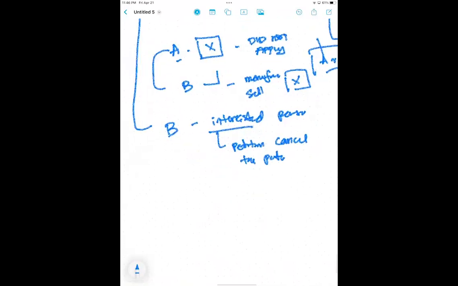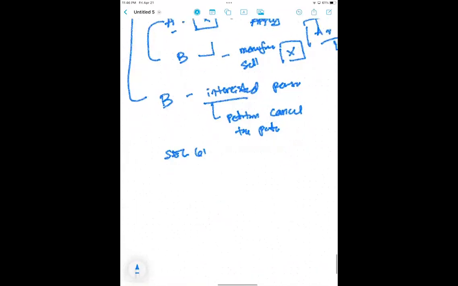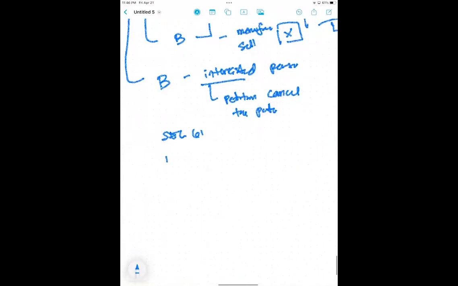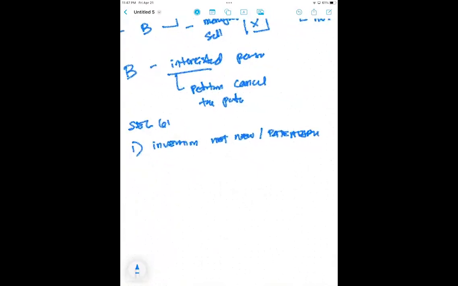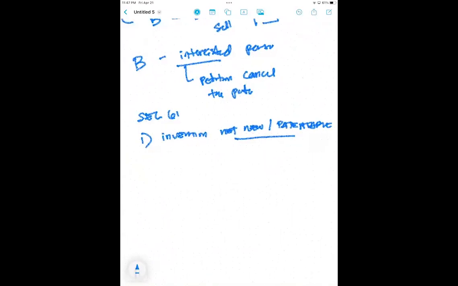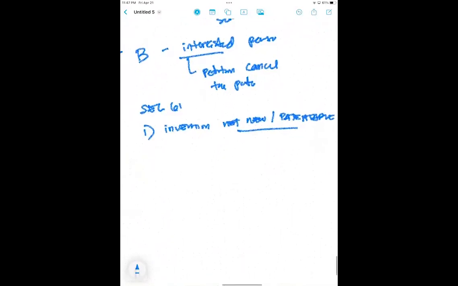But it must be based on a specific ground. This is actually section 61. Okay? Now the grounds are, number one, the invention is not new, nor is it patentable. In other words, B may challenge the patentability of X in a petition for the cancellation of patent.